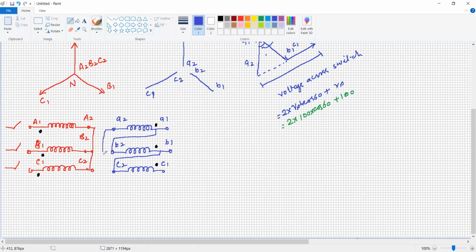And these are the three terminals for the load.